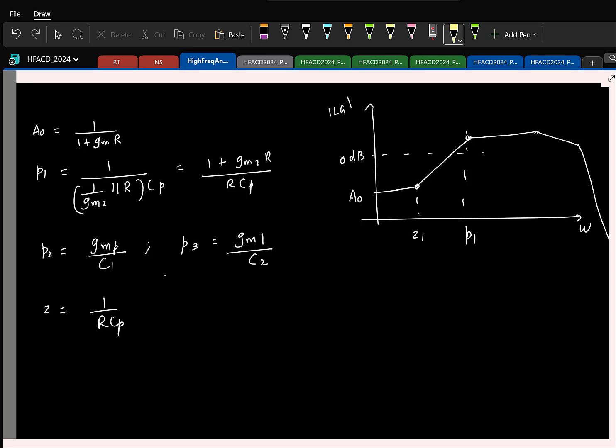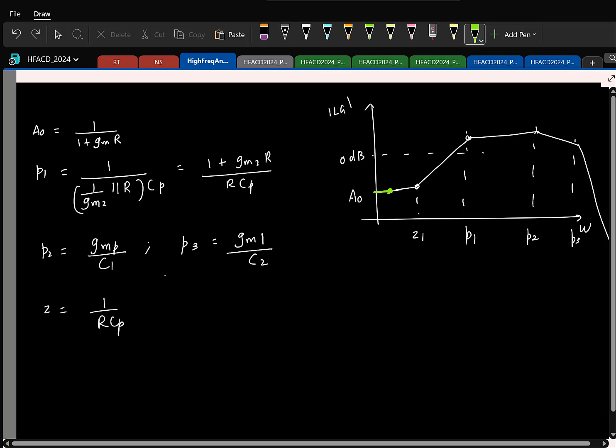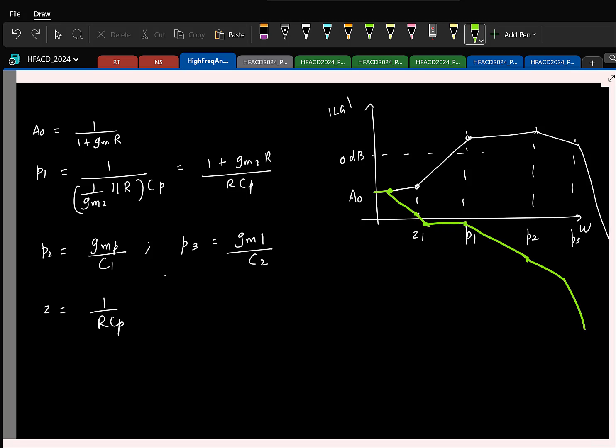So the only solution is, as you guys pointed out, you have to bring, let's say, P2 or P3 in. So essentially, you have P2 here, so it drops, and then the zero comes, flattens it, and then the pole comes. So you can bring either of P2 or P3 closer.